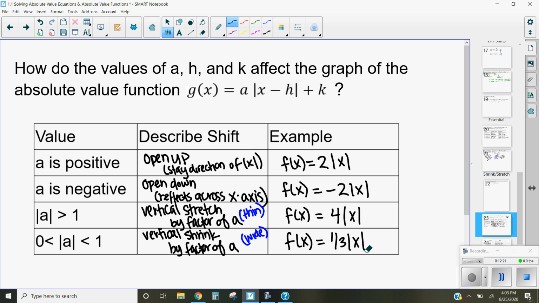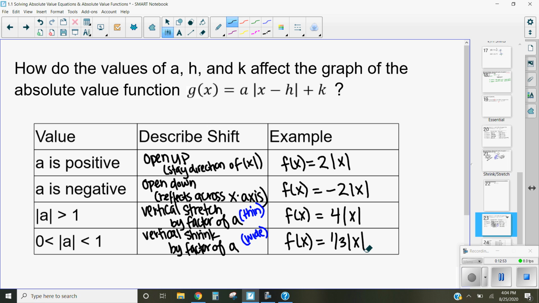So again, if a is positive, it's going to open up. If a is negative, it opens down, and we say it reflects across the x-axis. That's the description of that shift. If a is bigger than 1, either positive or negative, then it's going to have a vertical stretch, or the function's going to get thinner. So the value that's associated with our x is going to be a higher number.